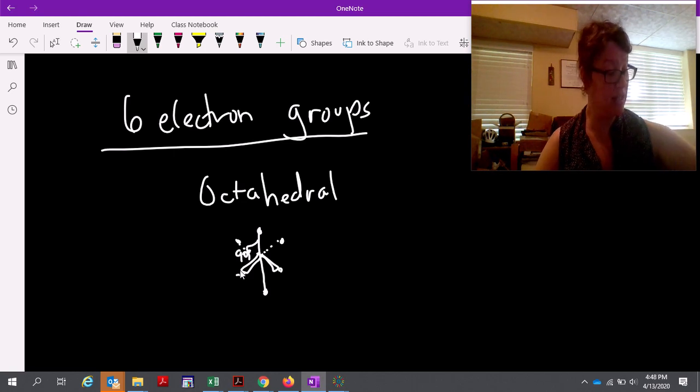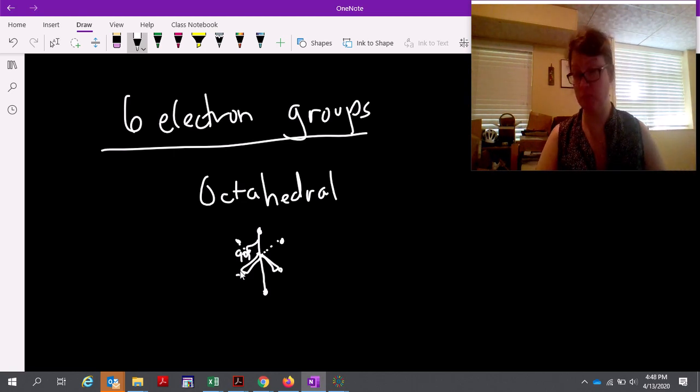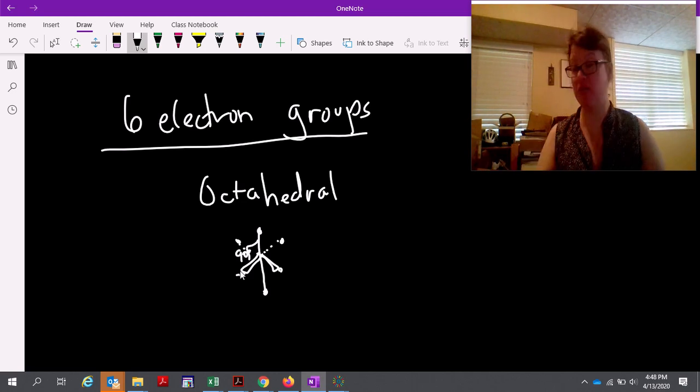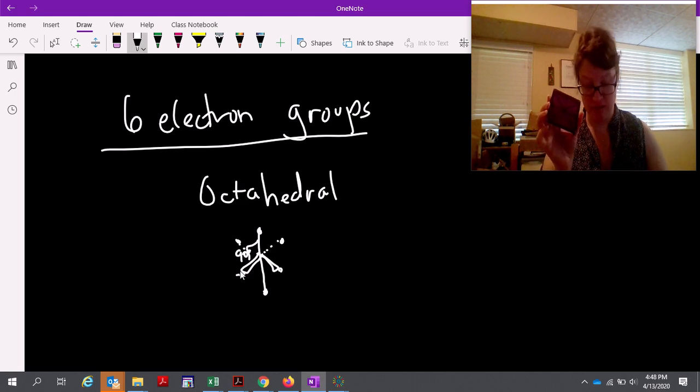And lastly, we can look at the external model. So we can get our magnetic tiles again. And instead of picking a triangular base to build this, I'm going to use a square base.